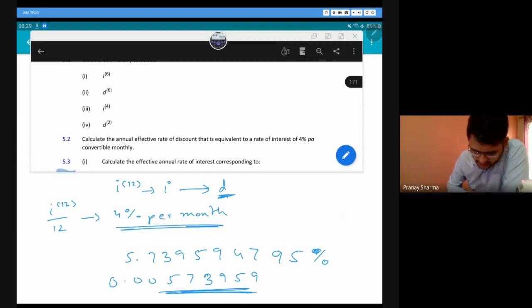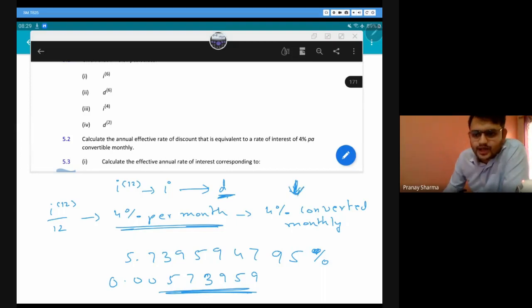This would mean I12 by 12, or they would have said 4% converted monthly. Again, there is no per annum here, right? You can see there is no per annum here. When they write in such a way where they're not writing per annum, then we will consider it to be effective rate monthly.